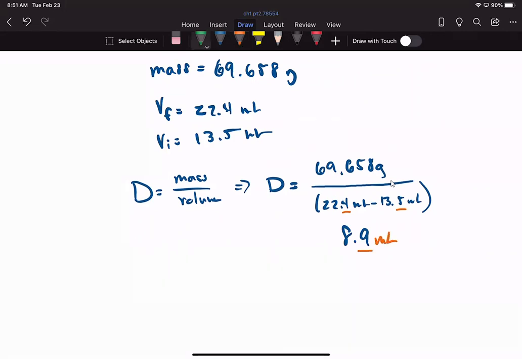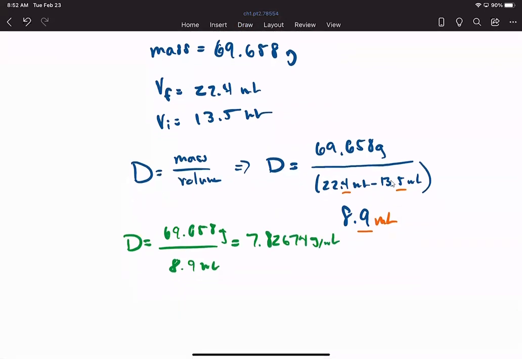So now in order to calculate density, density is equal to 69.658 grams divided by 8.9 milliliters. Well, now I'm doing division. 69.658 divided by 8.9, and I get an answer that says 7.82674 grams per milliliter.